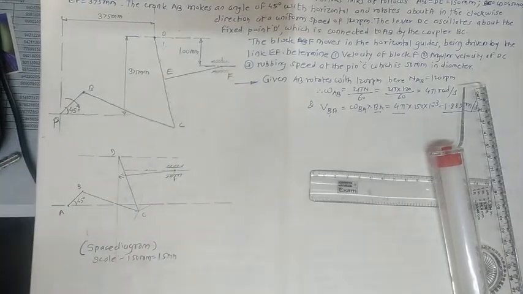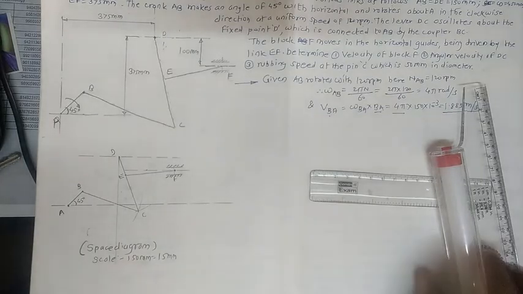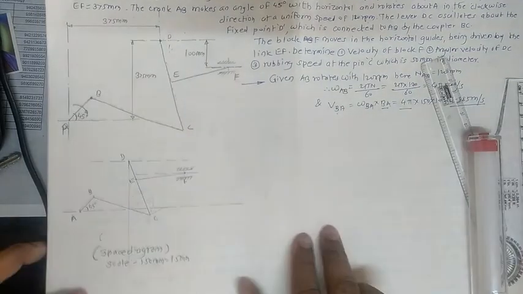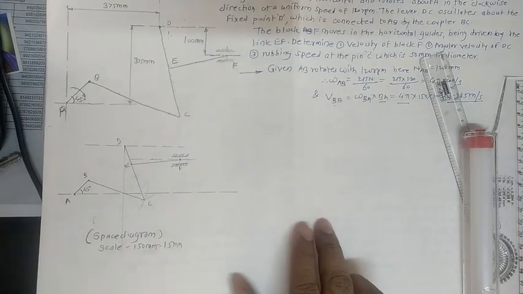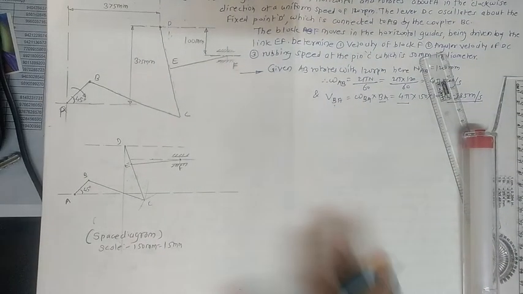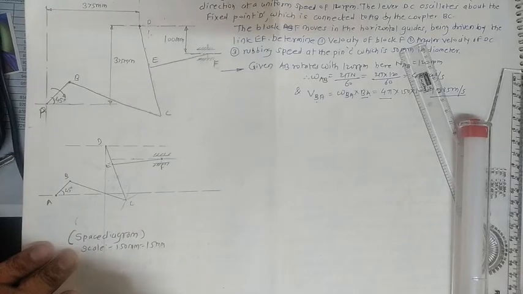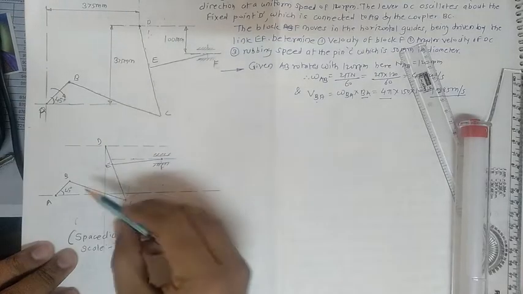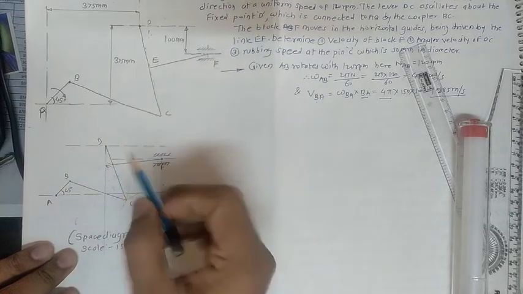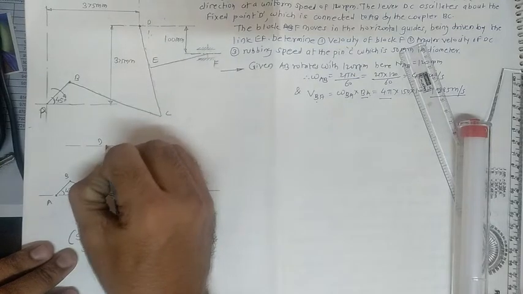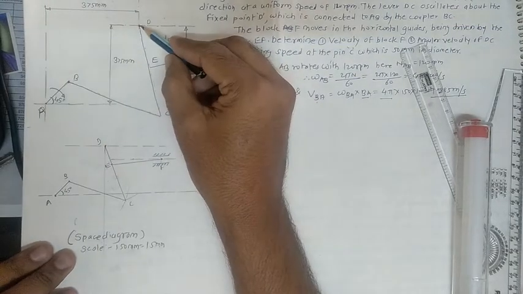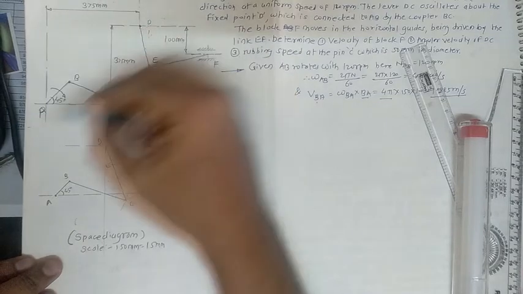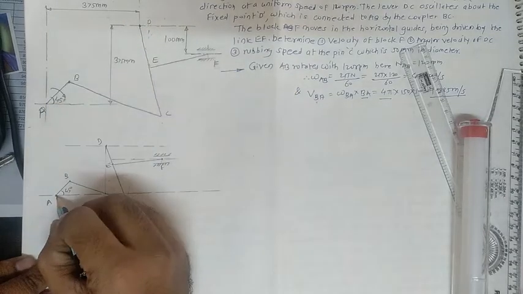Now our next target is to draw the velocity diagram. For that, observe this diagram. In this case, A and D belong to the fixed points, because the D point is a fixed one, and here is the A point, that is also a fixed one.